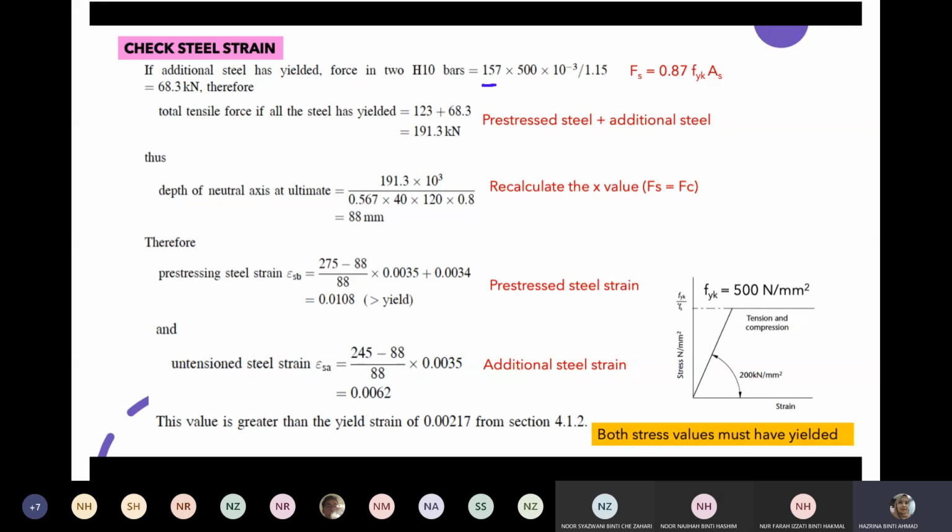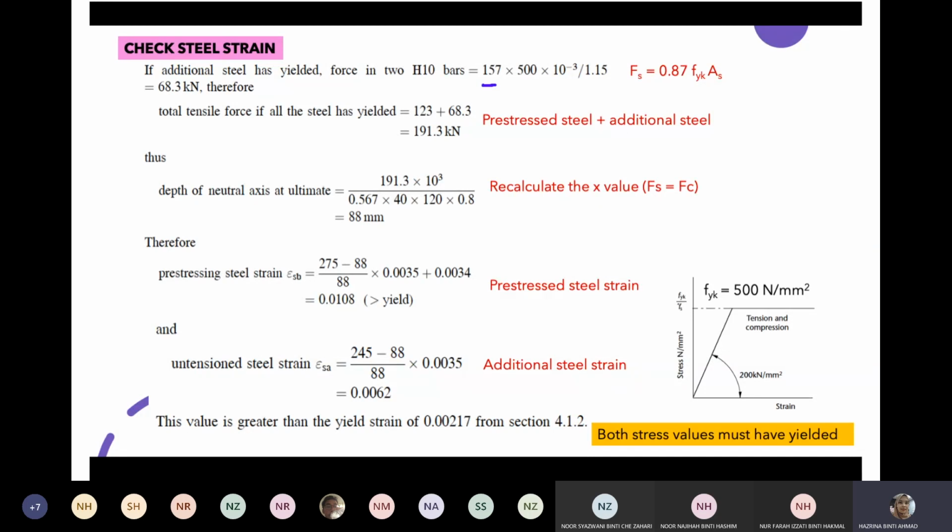Thus, the depth of neutral axis at ultimate will become this one, whereby we are going to recalculate the x value on the basis of Fs equals Fc. Here we use similar equations, and we consider this value of 191.3 kilonewton and divide it by the Fc expression.